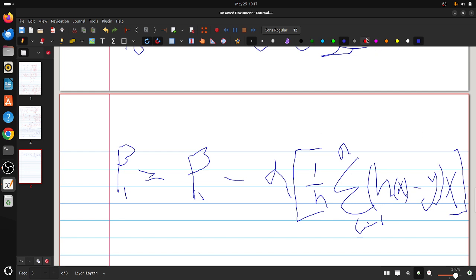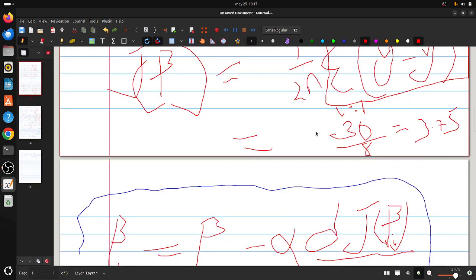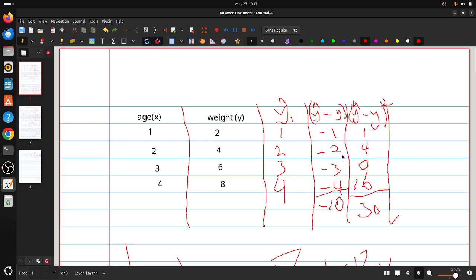So meaning we need to find this in our table to make everything simple, which is the predicted value minus the true value, then times x, to make our life so simple. So the predicted value minus the true value, times x, which is 1.